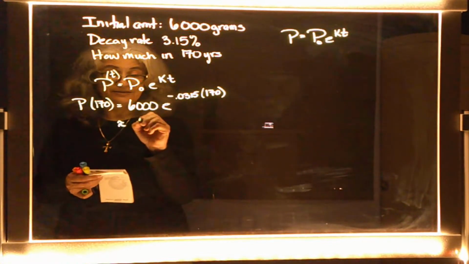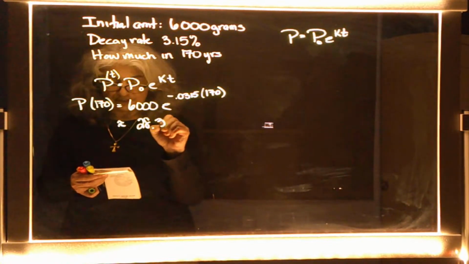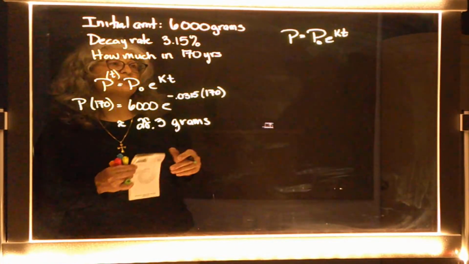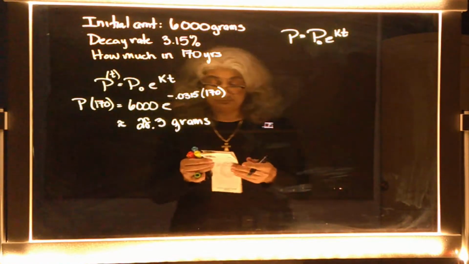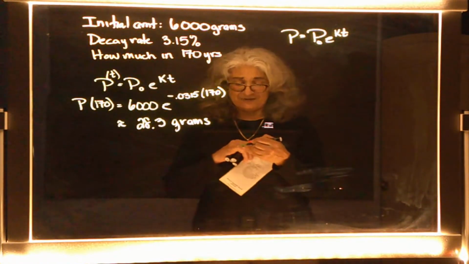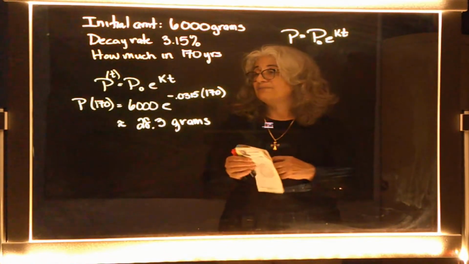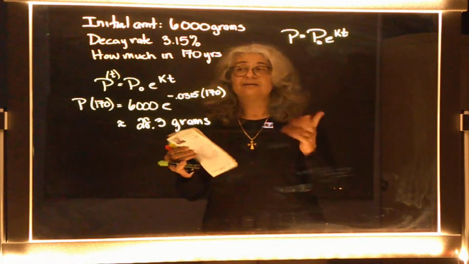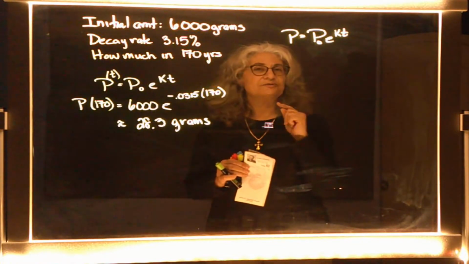I got 28.3 grams are going to remain after 170 years. Well, that's not a lot, is it? Right? That's 170 years, isn't it? Okay, so hopefully you and I got the same answer. Did we? Cool. Stay tuned. Got another one.